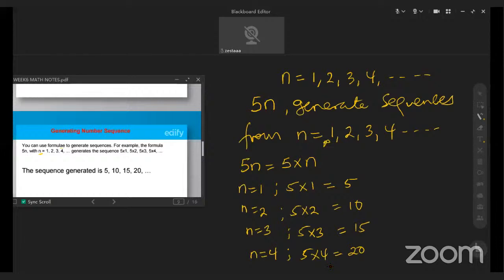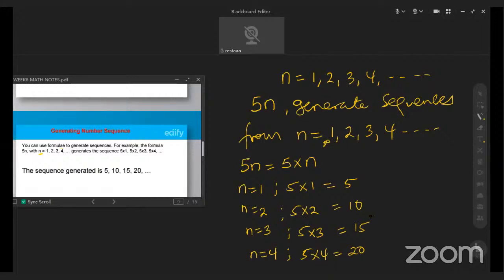Class, what are we doing? We are now looking for sequences. The other time we have been having sequences and we are predicting the next numbers. But now we are trying to generate sequences based on a formula that we are given.